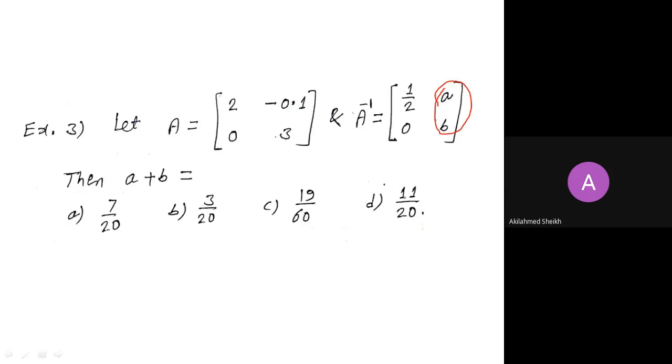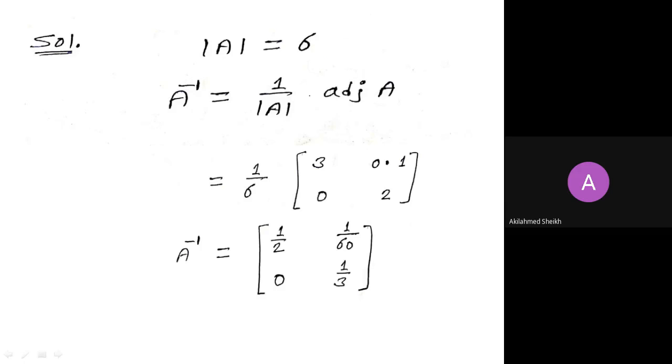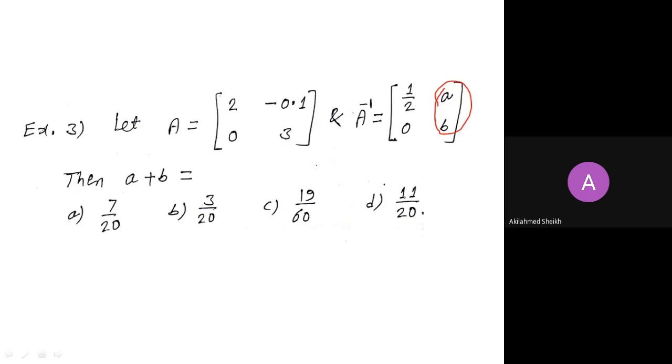We first find the determinant, which is 3 times 2, which is 6, minus 0. You will get 6 as the determinant. Now the formula is 1 by 6 times. To find the inverse of a 2 by 2 matrix, we just interchange the diagonal elements, interchanging their positions, and multiply the remaining elements by minus 1.